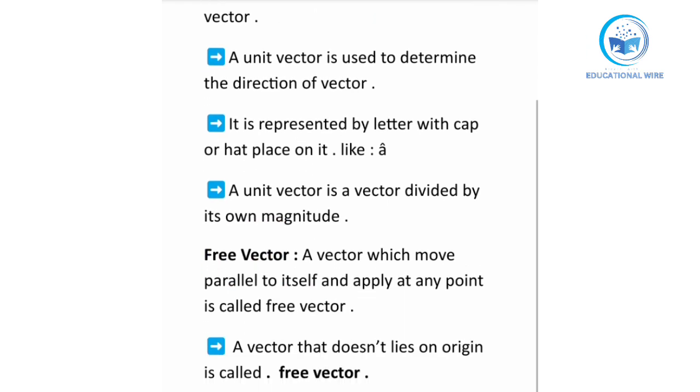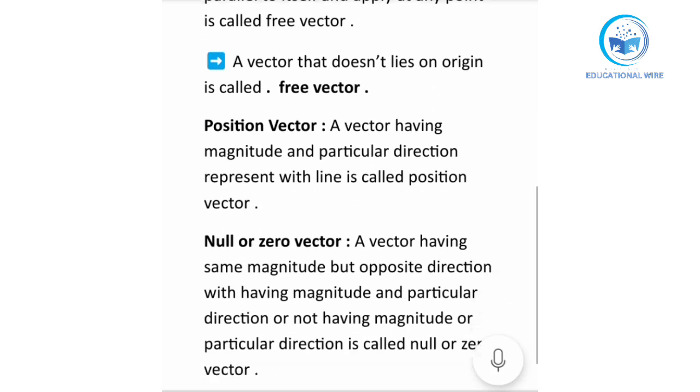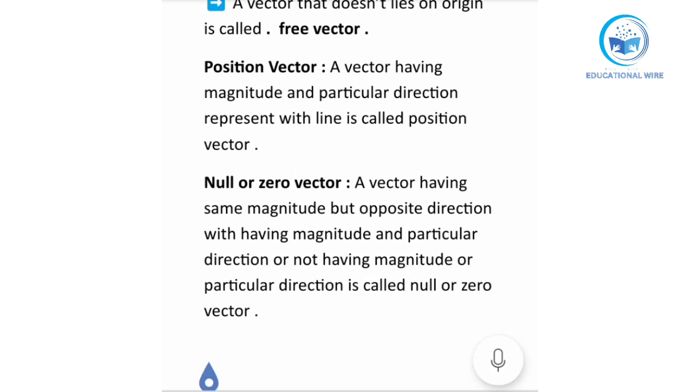In null or zero, having same magnitude but opposite direction, with having magnitude and particular direction, or not having particular direction and magnitude, is called a null or zero vector. I hope you all understood all these topics, because these are the basics of the physics of vectors.